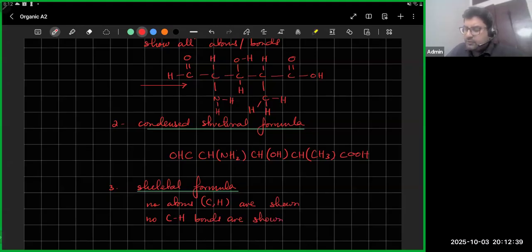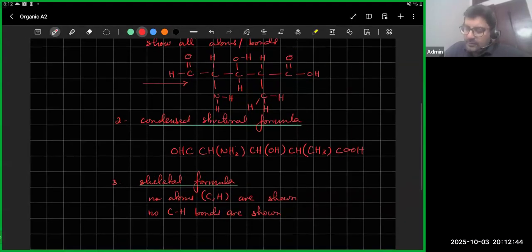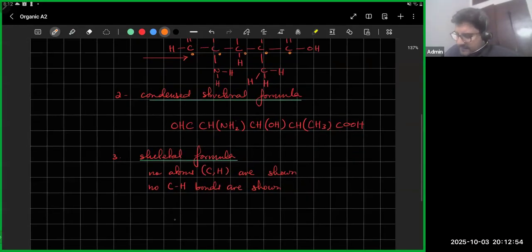The only thing that is shown is the rest of the stuff. You show the functional group. If you look at this molecule, it's got five carbon atoms in a straight line, and a straight line in skeletal formula is going to be like this.